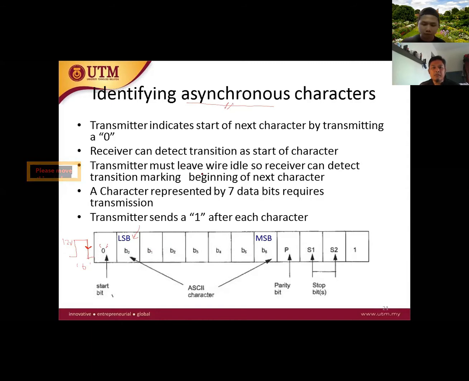And the transmitter must leave the wire idle. Like I have explained before, idle means standby mode.